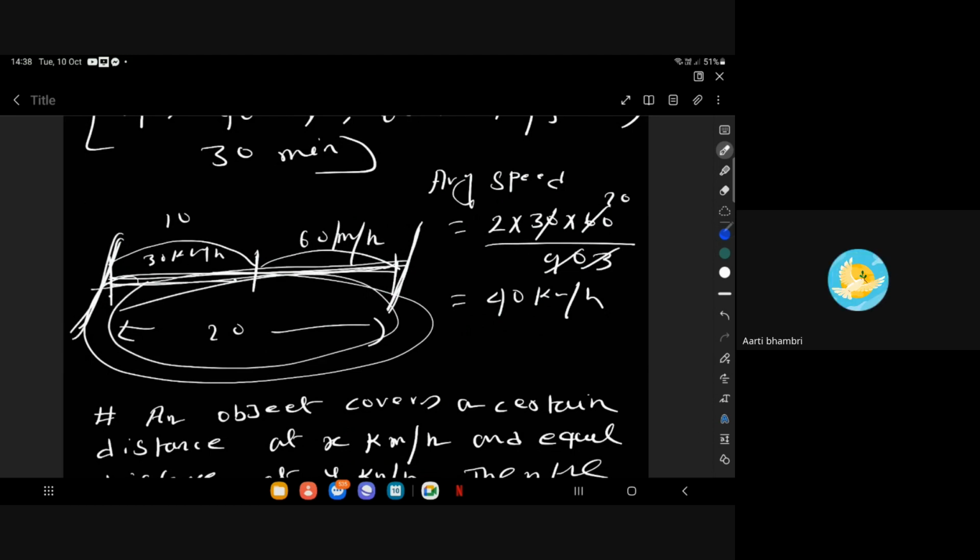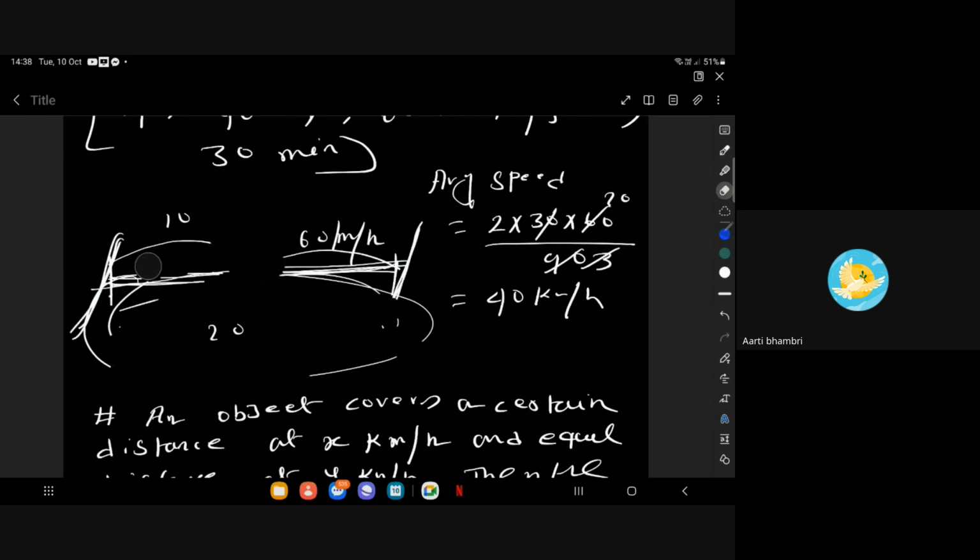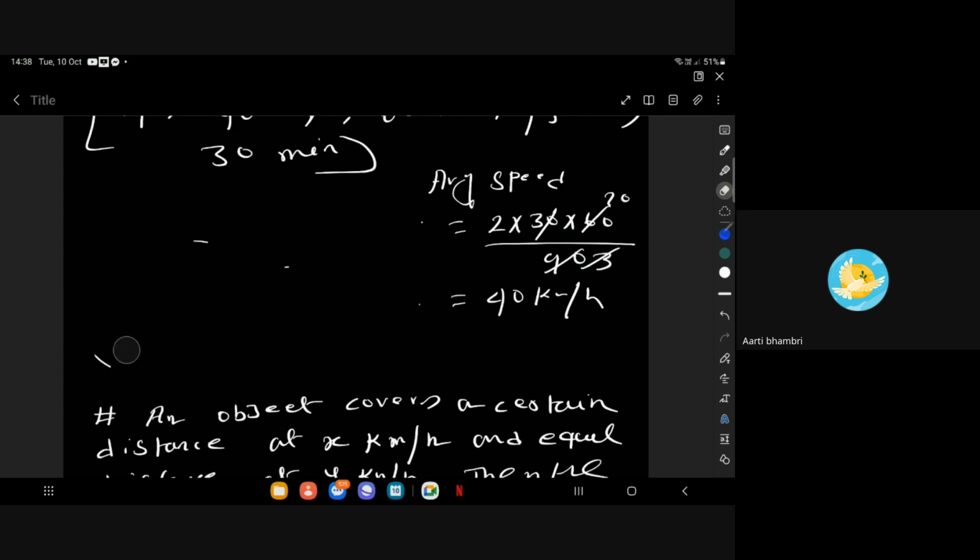So you have speed equal to 40 miles per hour, and distance is equal to 20 miles. Conversion is not required. So T is equal to how much?